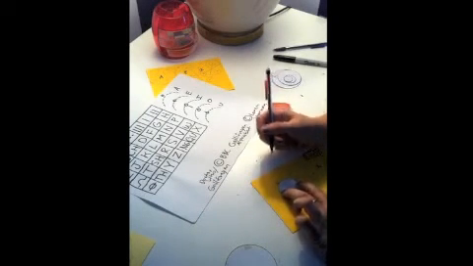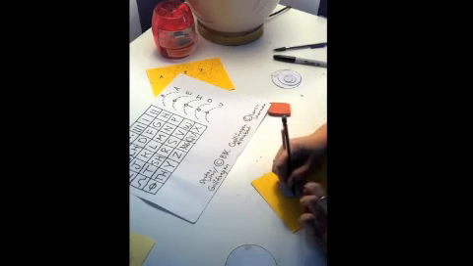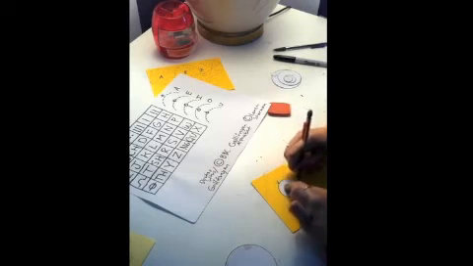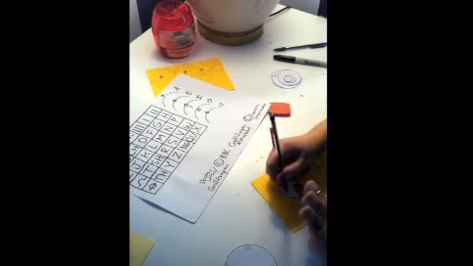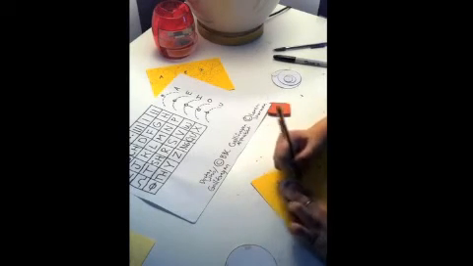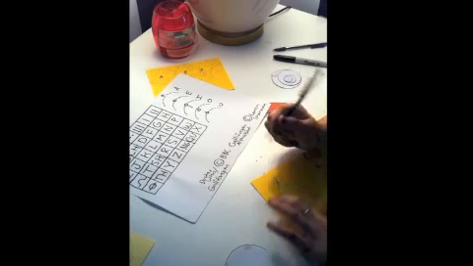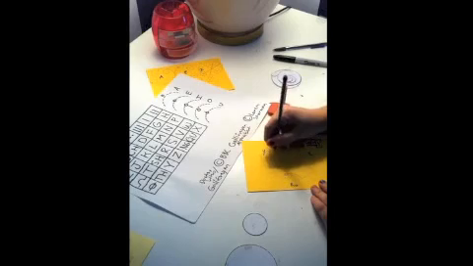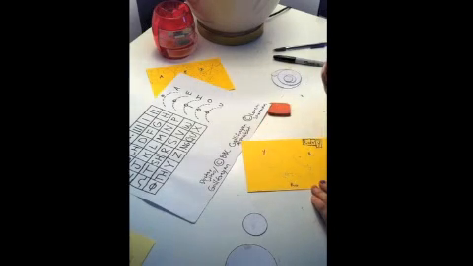Try to center it as best as you can. Okay. Oops. Okay, there's the circle. And there we have 2 dots. So this reads R-O-R-Y.